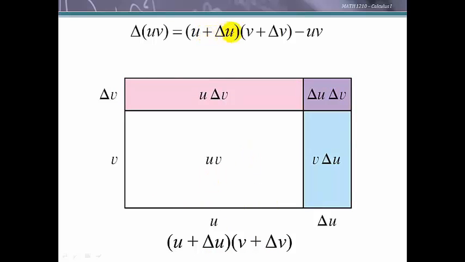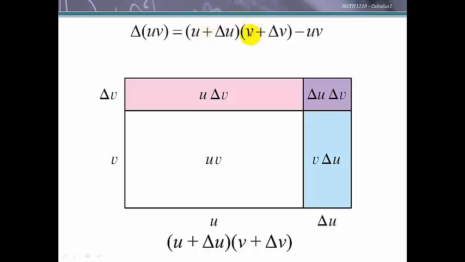And so here is the big rectangle minus the area of uv, and you can see that that would leave us these three pieces, and we could find that by looking at this geometrically and expressing the area of these three shaded rectangles.